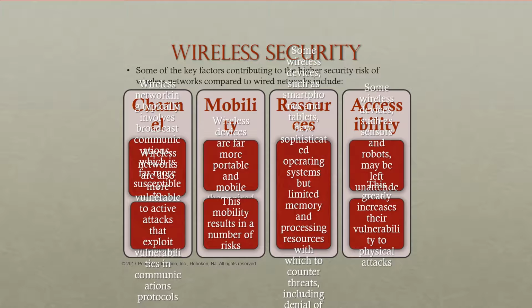Some wireless devices, such as smartphones and tablets, have sophisticated operating systems, but limited memory and processing resources with which to counter threats, including denial of service and malware. Accessibility. Some wireless devices, such as sensors and robots, may be left unattended in remote and/or hostile locations. This greatly increases the vulnerability to physical attacks.